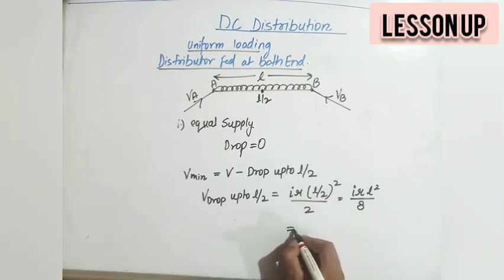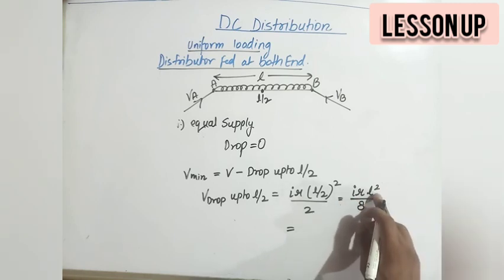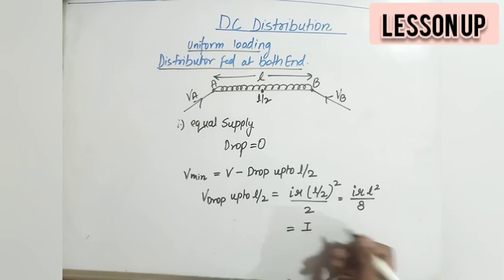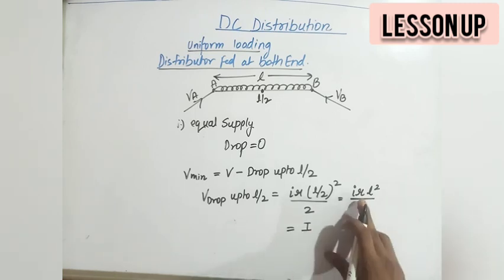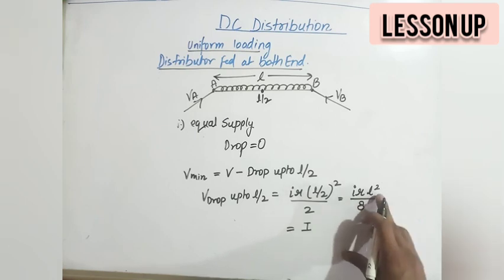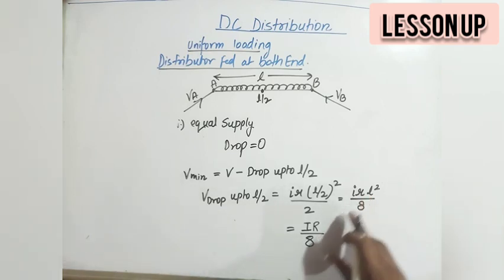And this is small i, so small i into length is capital I, which is not a function of length anymore, and R into L is capital R. This is not a function of length anymore.